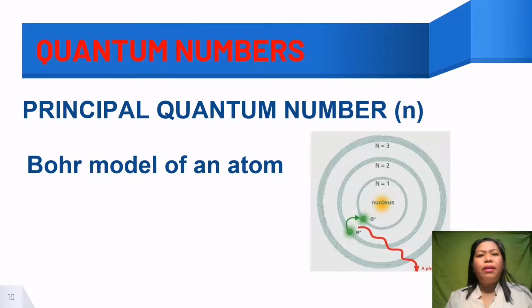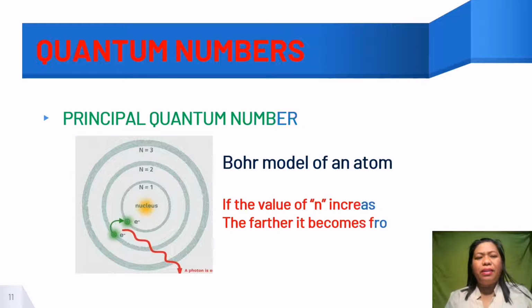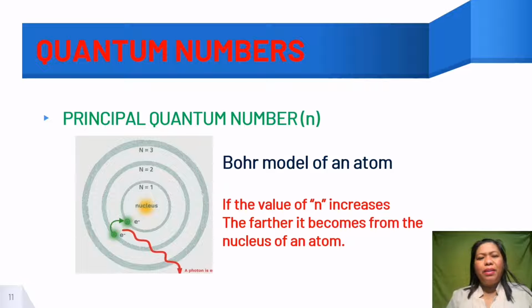We saw it already in the Bohr model, wherein its orbits have respective energy levels. This means that in the principal quantum number using the Bohr model of an atom, as the value of n increases, the further it becomes from the nucleus of an atom.